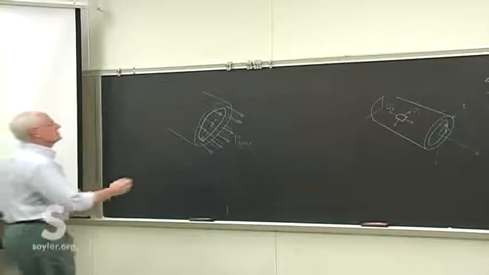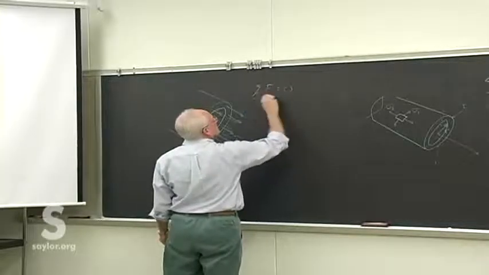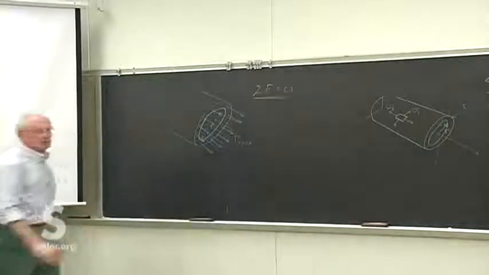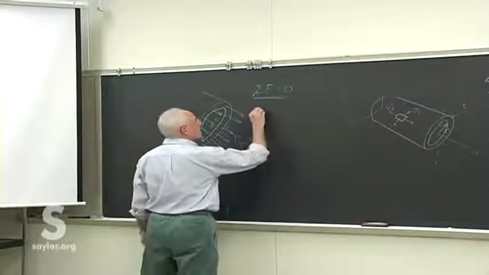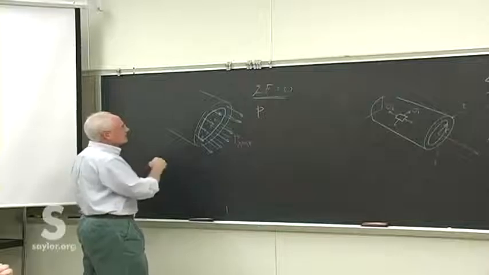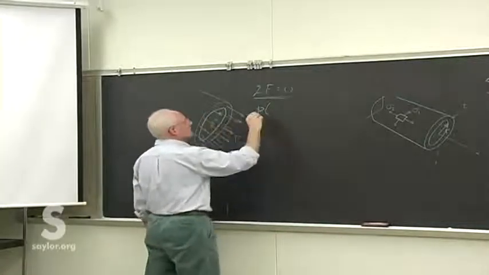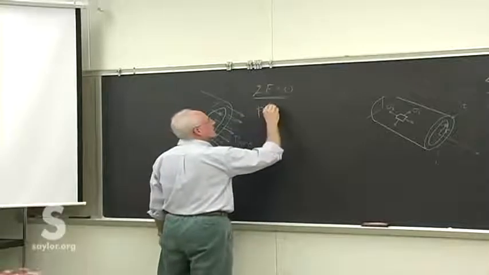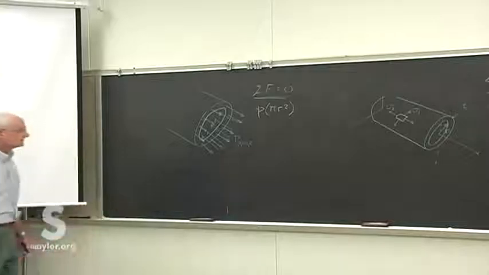And so again, we need the two forces to sum to zero, otherwise we won't have static equilibrium. So we have the fluid pressure acting on that projected area, which is just the inside circular area, pi r squared.